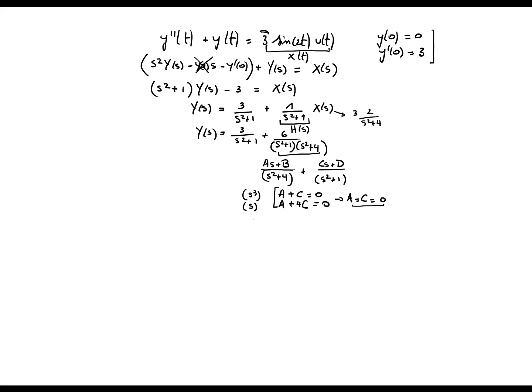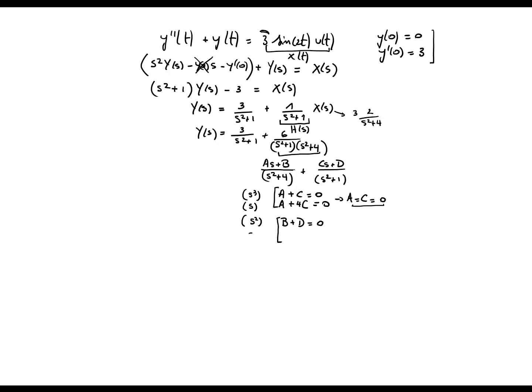So let's have a look at the term in s squared now. Sorry, this is not correct. The a and c will make terms in s cubed and s only. So terms in s squared will be b and there will be d. So b plus d is again equal to 0, because we don't see any term in s squared over here.